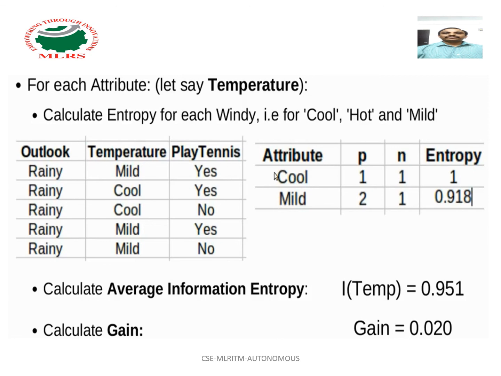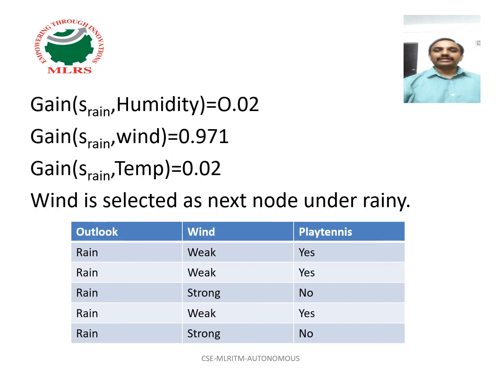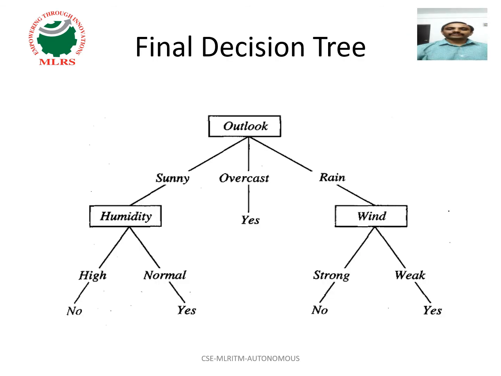Similarly, the information gain of the temperature attribute is calculated with respect to the rainy value of outlook, which is 0.02. After that, those three values are compared. In that, windy is selected as the next node under rainy because it has the greater value, which is 0.971.